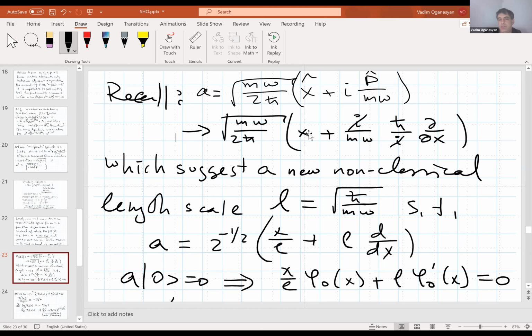By introducing a length, essentially doing dimensional analysis, you can rewrite all of that as 1 over root 2 times (x over L plus L d by dx).